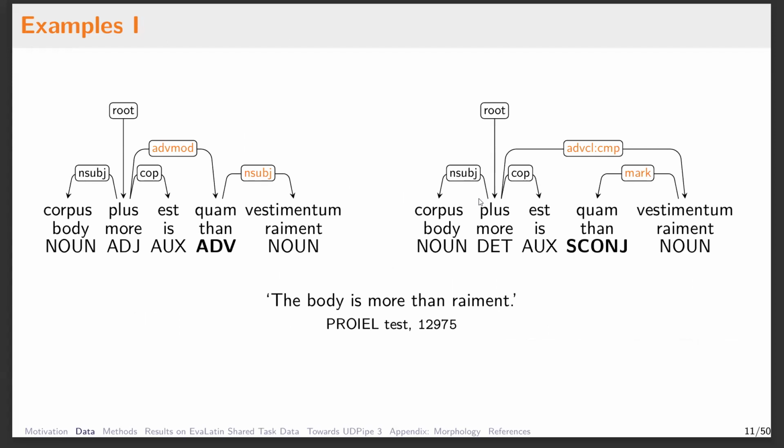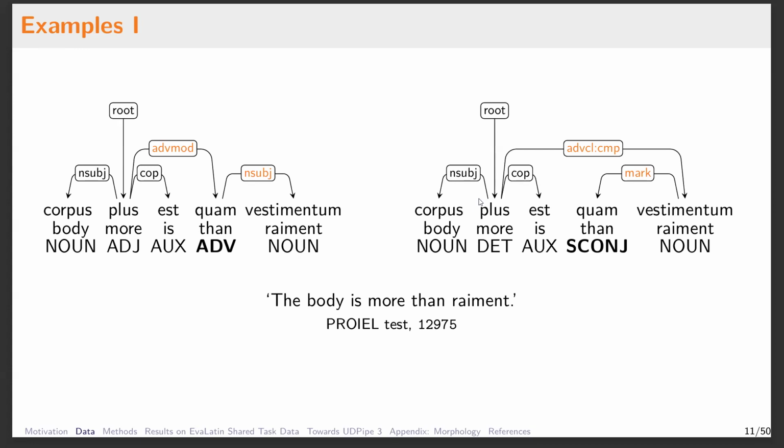Quickly, a couple of examples. You have on the left the pre-harmonization tree, and on the right, the harmonized one. In this case, we are working with comparative clauses, and it's an elliptical comparative clause, quam vestimentum, more than raiment.